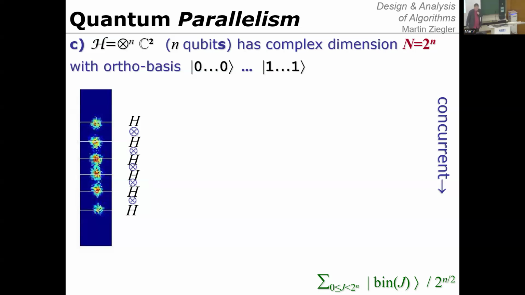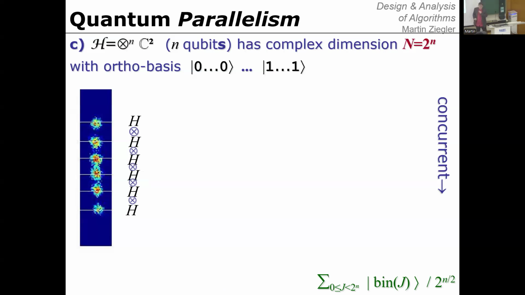And the best known classical algorithm for factoring integers takes exponential time, exponential in the length of the input, that is exponential in the number of bits or qubits. And Shor does that in time polynomial in the number of qubits. So exponential acceleration. So we need a different kind of parallelism.